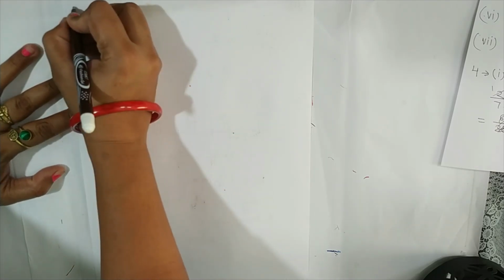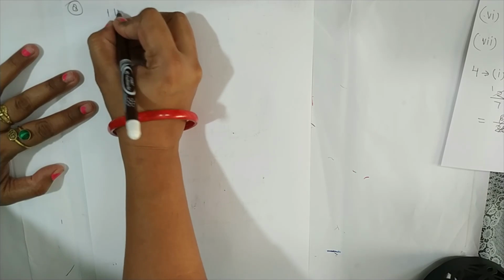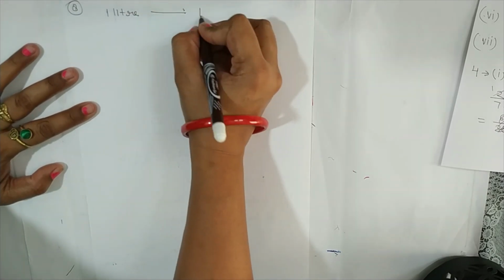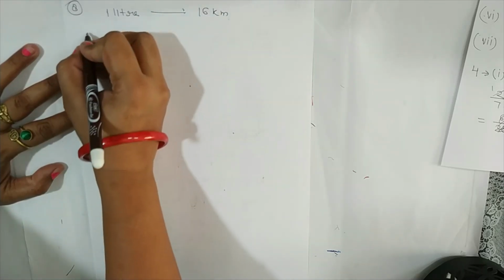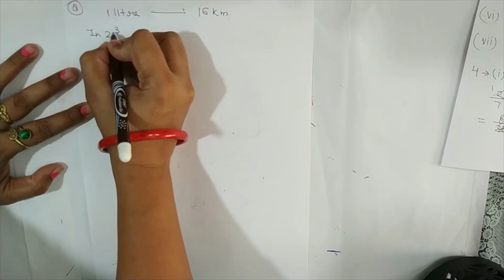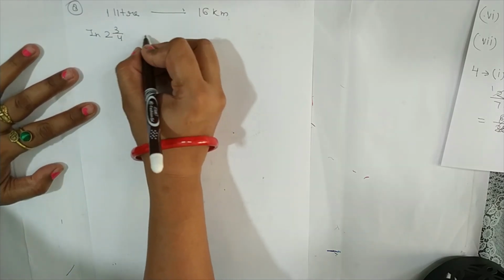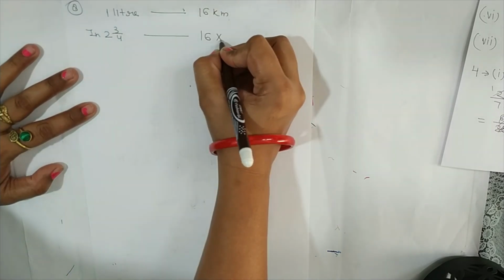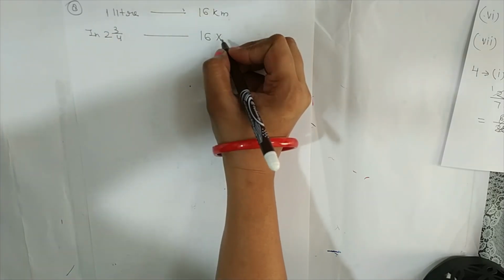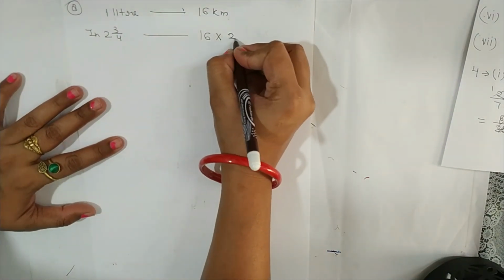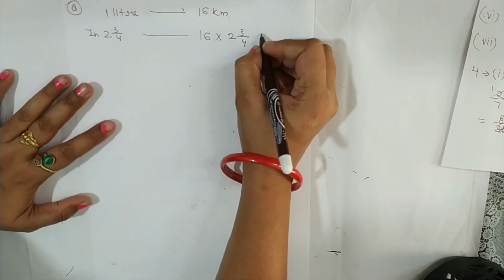In 1 liter of petrol, the car covers a distance of 16 km. Now in 2 3/4 liter of petrol, the car covers a distance equal to 16 into 2 3/4.